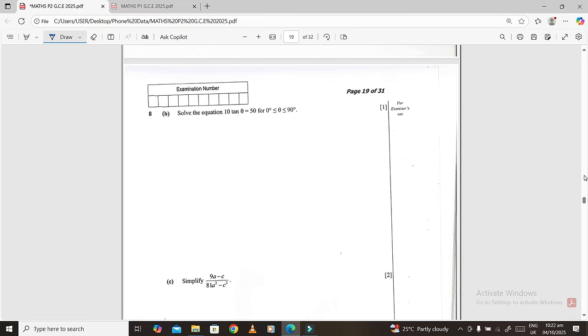The next question here, they want us to solve the equation. So here we've got 10 tan theta is equal to 50. So we're going to divide by 10 by 10. This and this will go. So tan theta is equal to 5. So theta will be equal to tan inverse of 5.